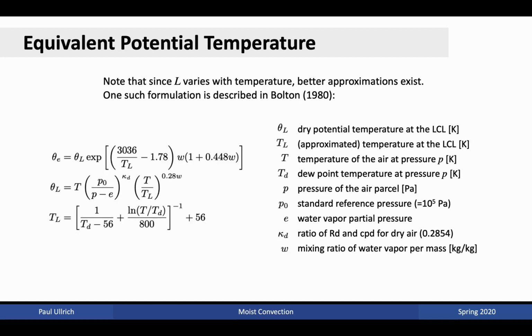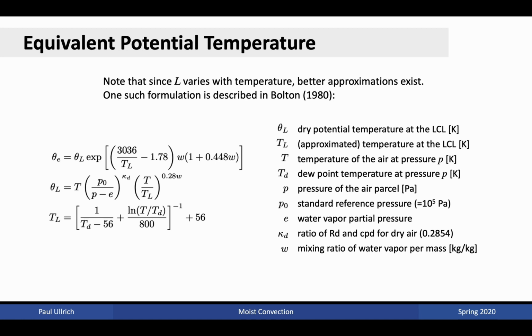However, note that there were several approximations that we did make in the theoretical derivation a moment ago. And there are better ways in order to handle these issues if you needed a very exact measurement for equivalent potential temperature. One such derivation is described by Bolton in his seminal 1980s paper.